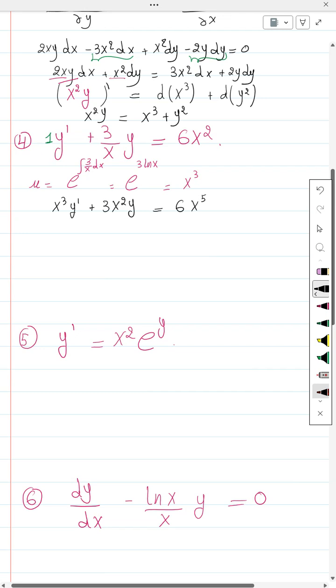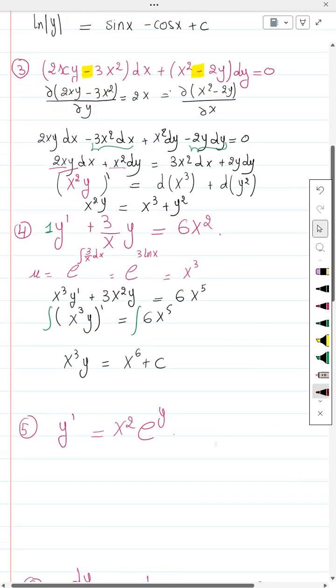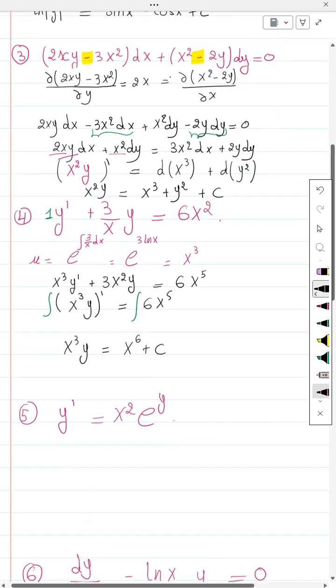As you can see here, this is the derivative of the product of x to the power of 3 times y, all prime, equal to 6x to the power of 5. By integrating both sides, we obtain x to the power of 3 y equals x to the power of 6 plus c. Sorry, I forgot to add c right here, so we can add c.